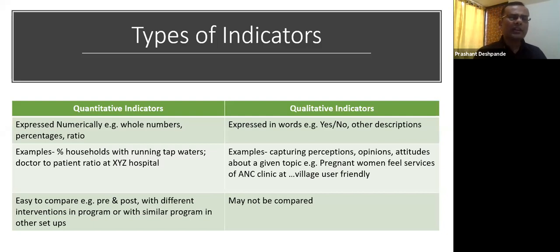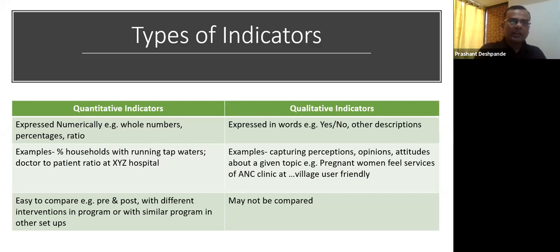We will have separate sessions on quantitative and qualitative aspects, but briefly, quantitative indicators are expressed numerically, in numbers, percentages or ratios. Examples are the percentage of households with running tap water, or the doctor-patient ratio in the COVID situation.